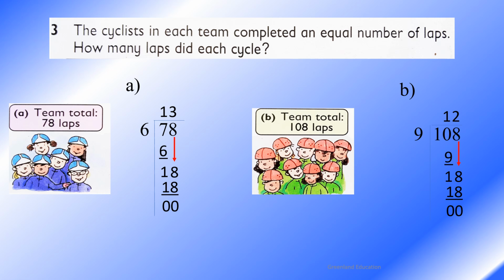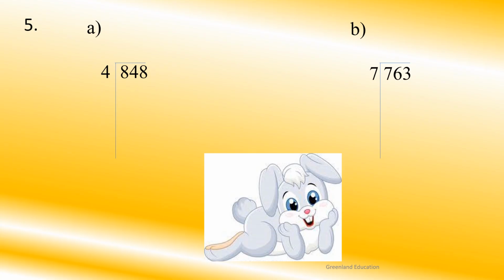Then 0. So the answer is 12, 108 divided by 9. So the answer is 12. Likewise, you have to do all the questions in question number 4. Question number 5. In this question, we are dividing 3 digits by a single digit.